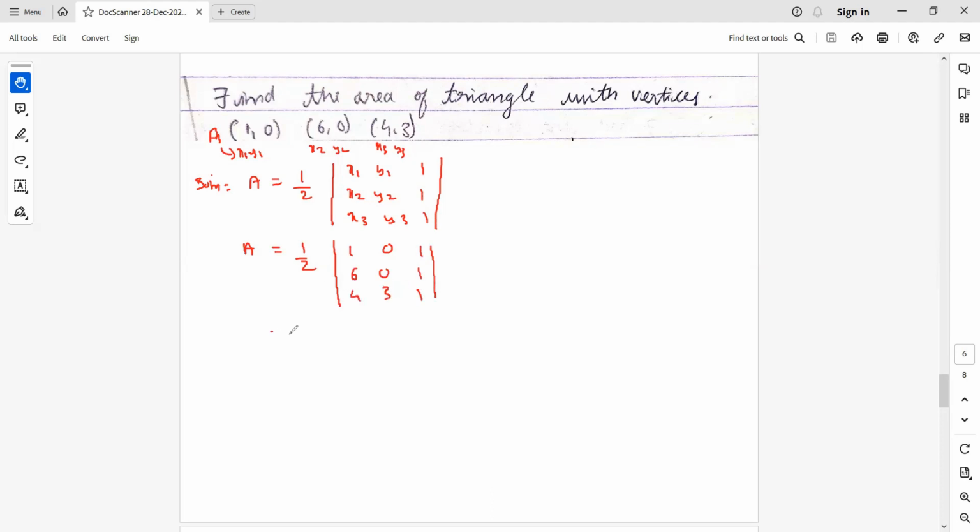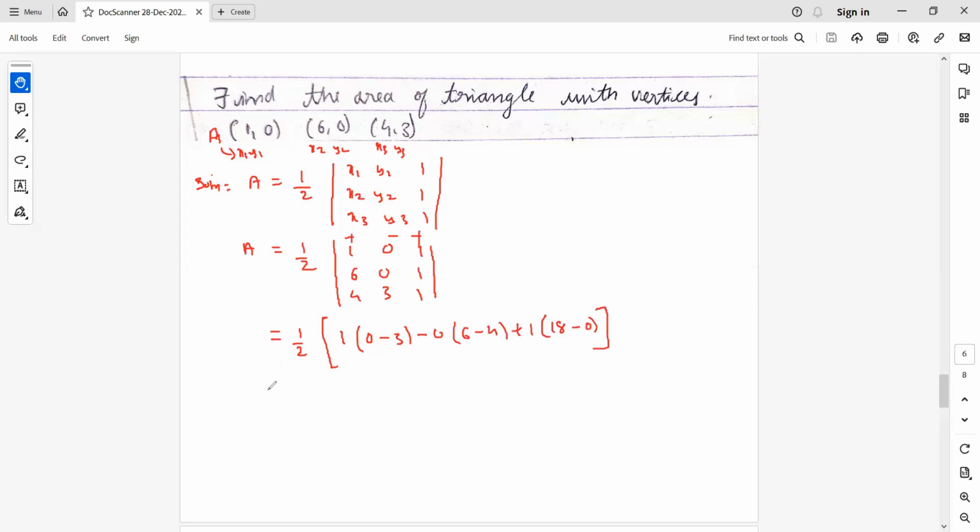So this will be equal to 1 by 2 in bracket. This will be plus, minus, and plus. So this will be 1 into, 1 into 0 into 1 is 0, 3 into 1 is minus 3. Next, minus 0 into 6 into 1 is 6, 4 into 1 is minus 4, and then again plus 1 into 6 into 3, it will be 18, minus 0.